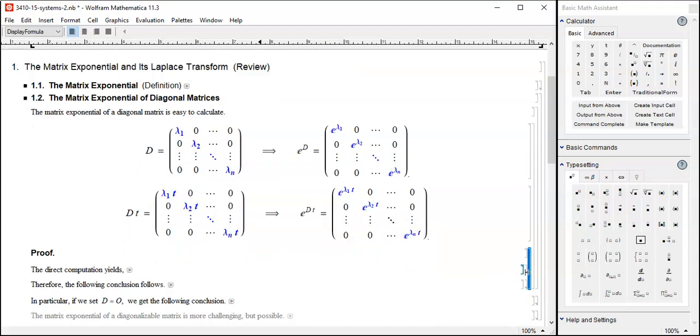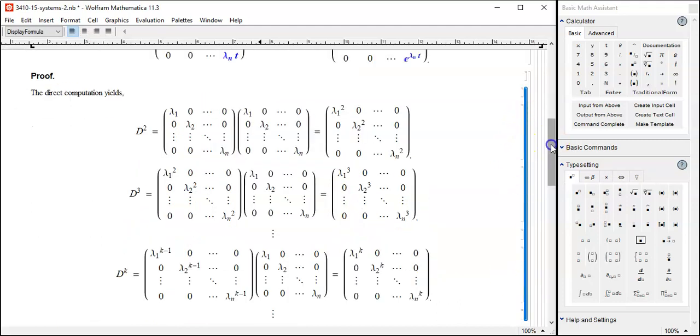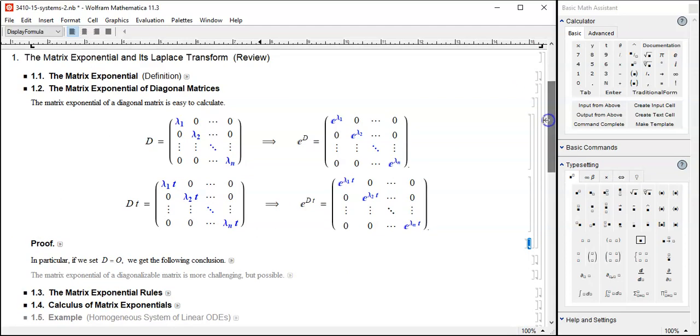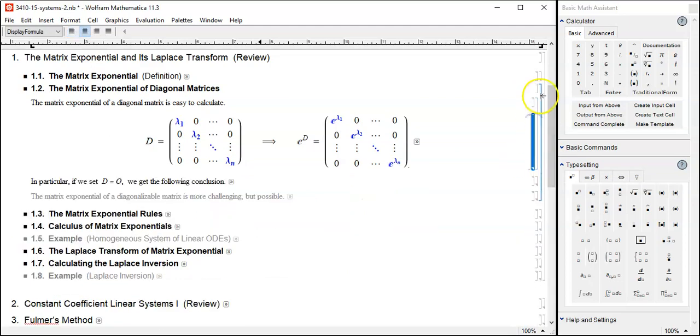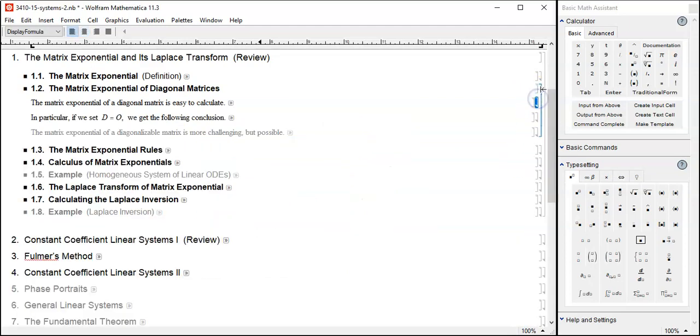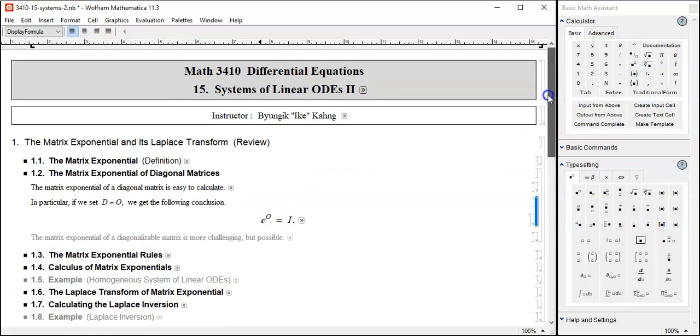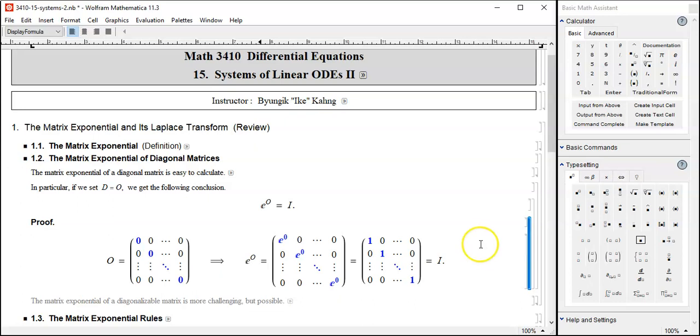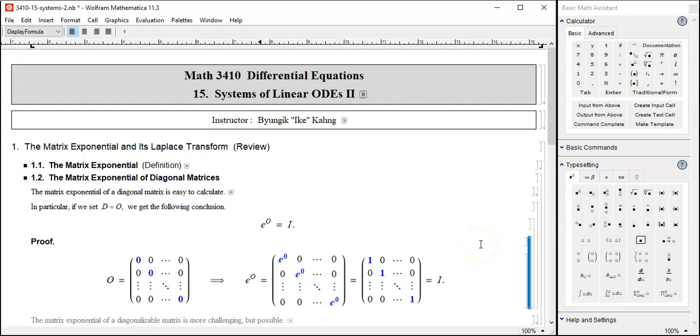The proof is here, but it's tedious, though elementary, so I'm going to leave the details to the students. And we'll just move on. Even simpler case, when the diagonal matrix is a 0 matrix, then we have all zeros on the diagonal.